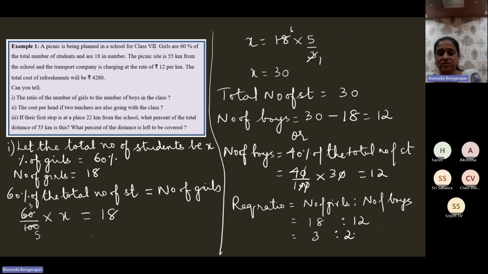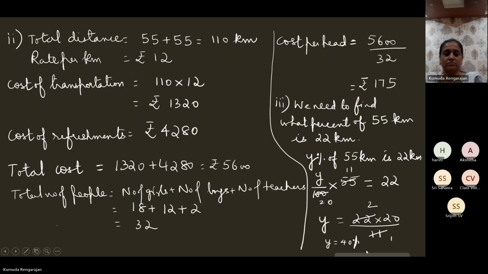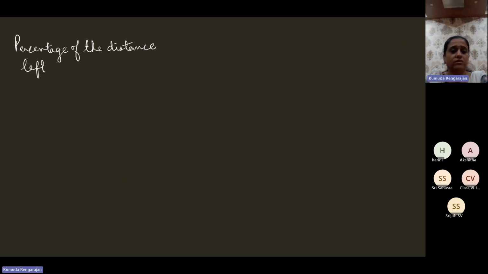So the percentage of the distance left to be covered is equal to 100% minus what is covered, 40%. So 60% is still to be covered.